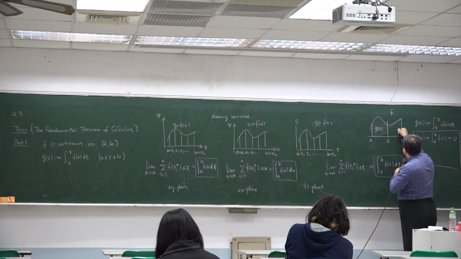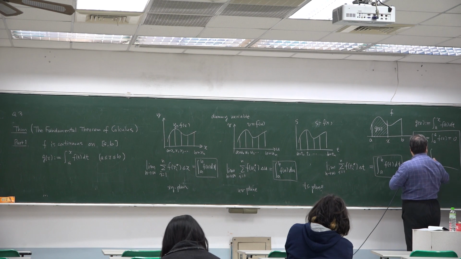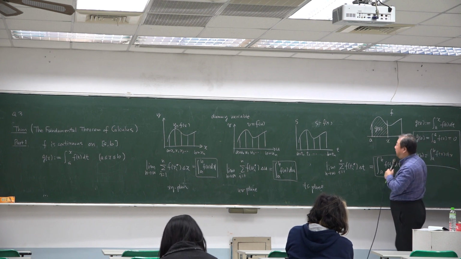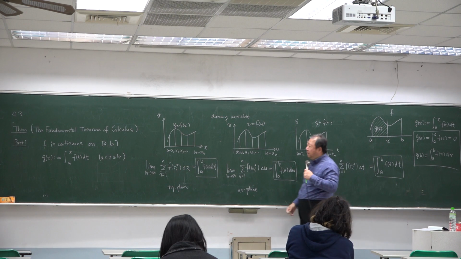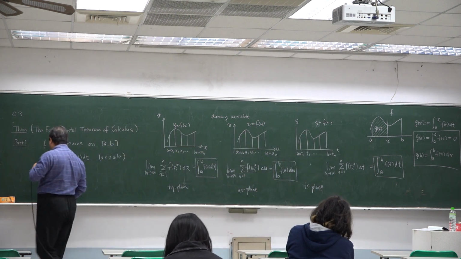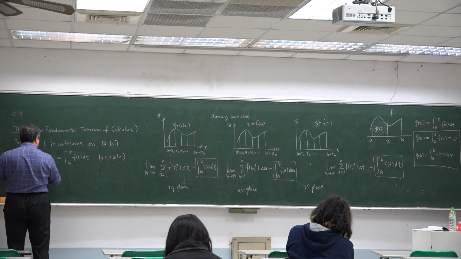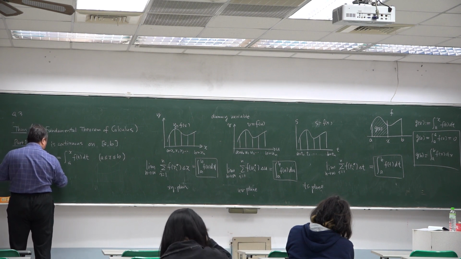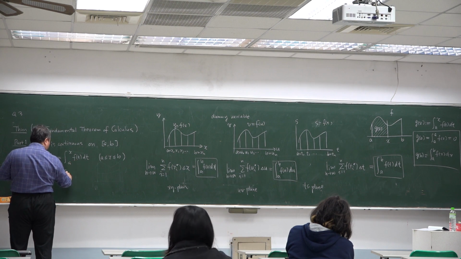When x equals b, this is the definite integral from a to b, f of x dx, this area. The conclusion is that g is differentiable, and g prime x equals the value of this integrand at the upper limit.